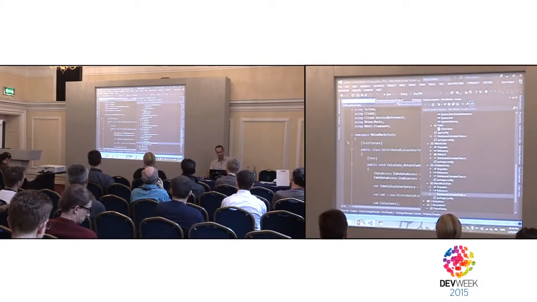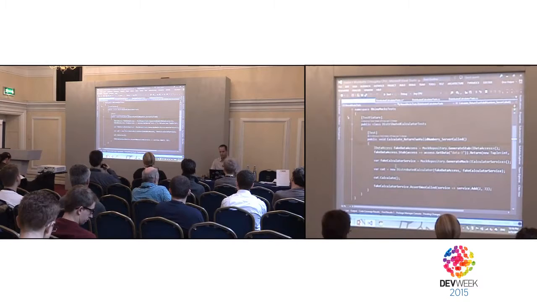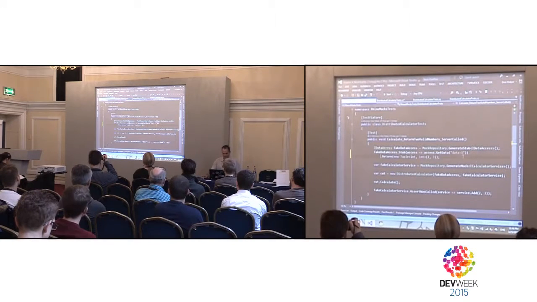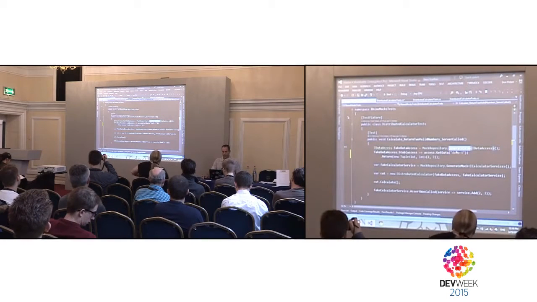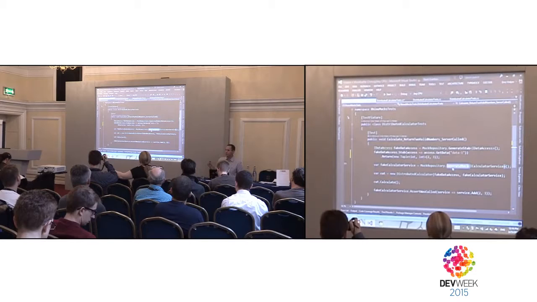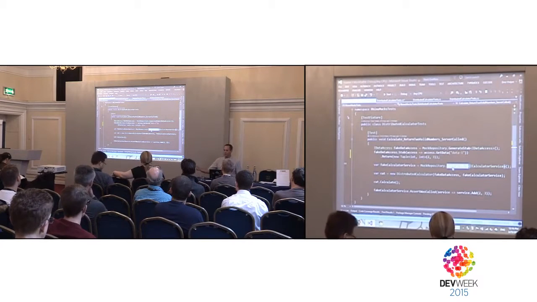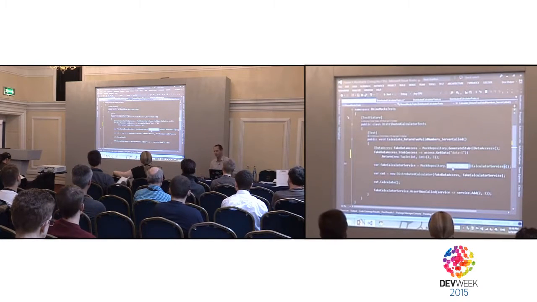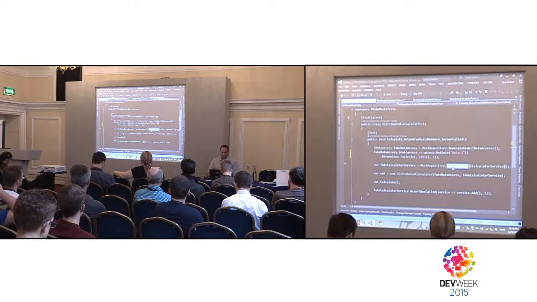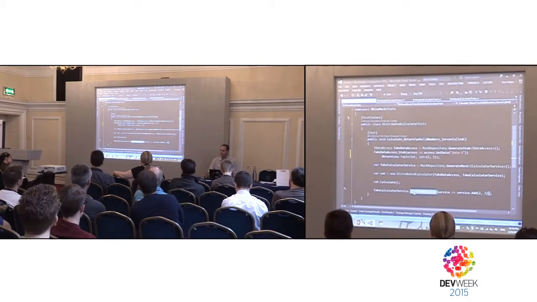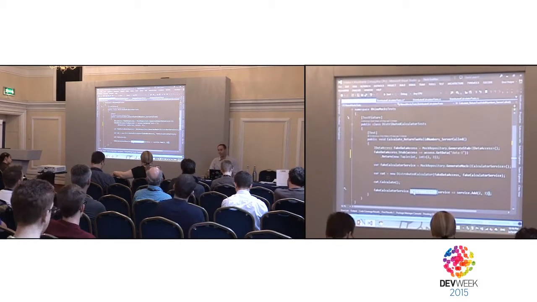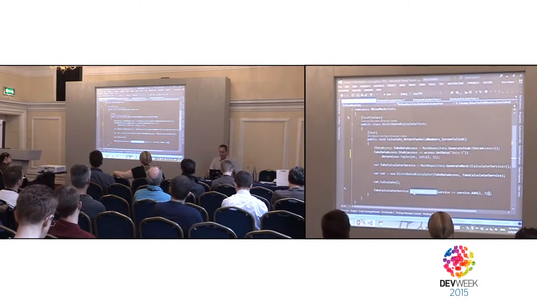RhinoMocks. RhinoMocks, as I said, was a good mocking framework for that time. Unfortunately, it got behind. RhinoMocks, again, has MockRepository.GenerateStub and MockRepository.GenerateMock, which forces me to understand the major difference between stubs and mocks, which I don't like. The major difference between stubs and mocks is that mock behavior can be verified. That's the difference, most of it, yeah.